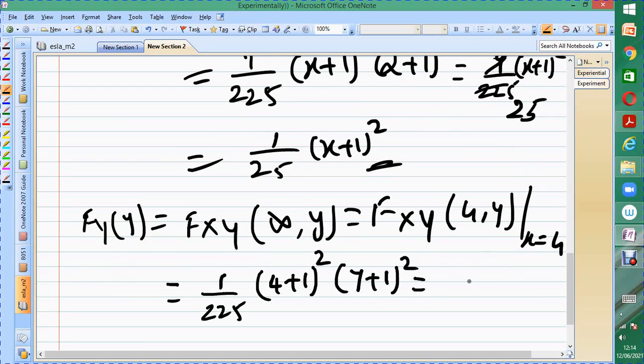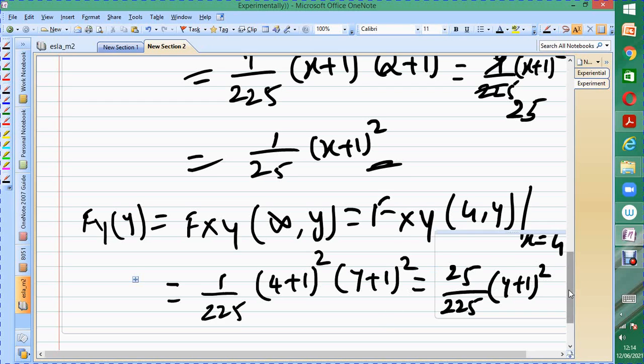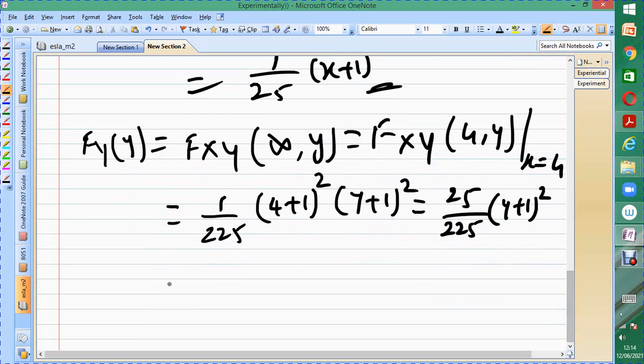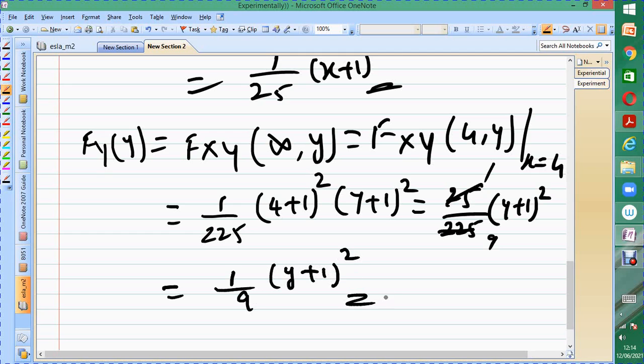That is nothing but 25 divided by 225 (y+1) whole square. If you divide to get the simplest form, 25 ones and 25 nines, that is 1 by 9 (y+1) whole square.